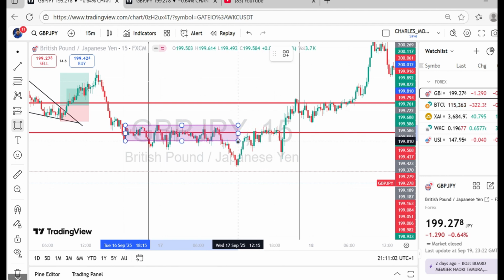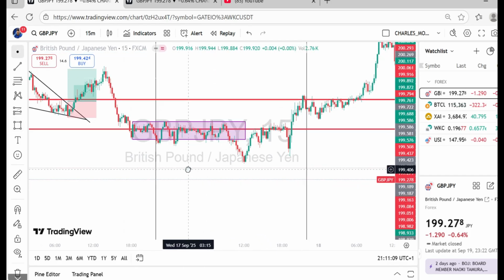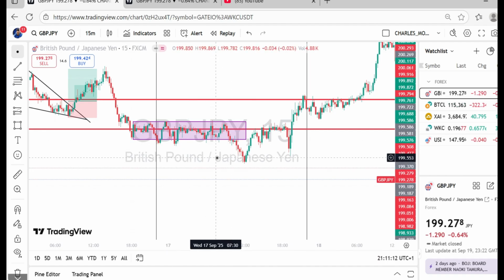There was no significant high for us to take an entry for a buy or a sell, but where is that ATM candle? This was the ATM candle, this one I'm pointing at here.